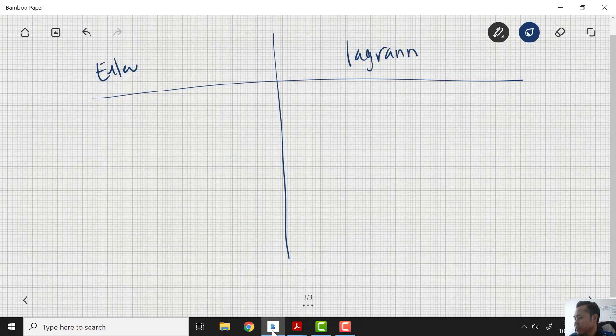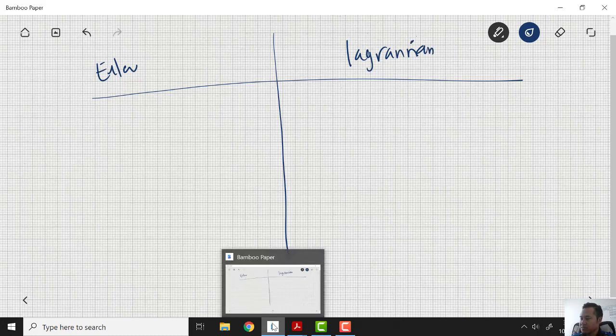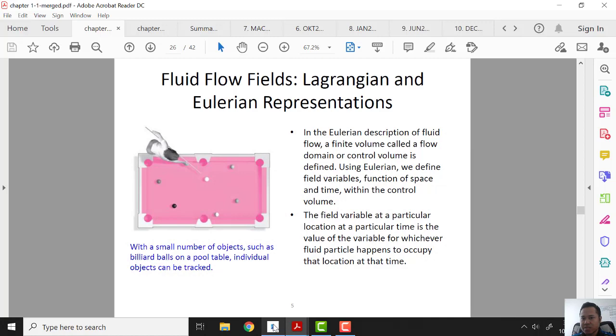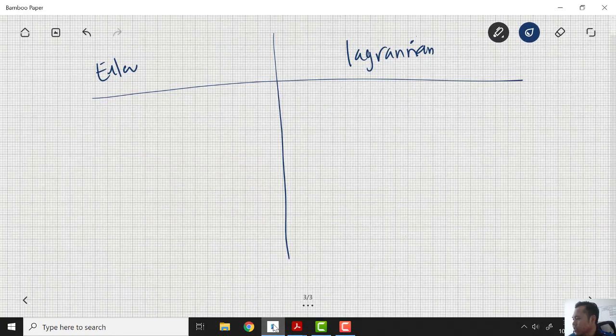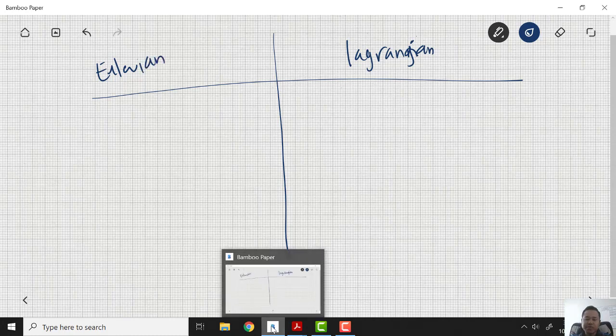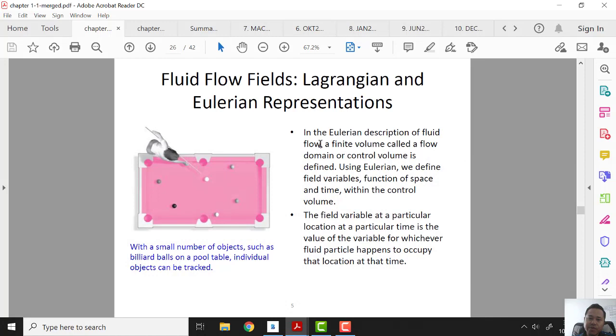We have two. What is the difference between these two? First of all, we look at the Lagrangian description. Here we have a pool table, individual objects.